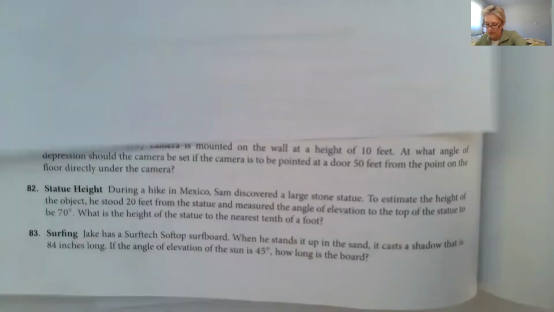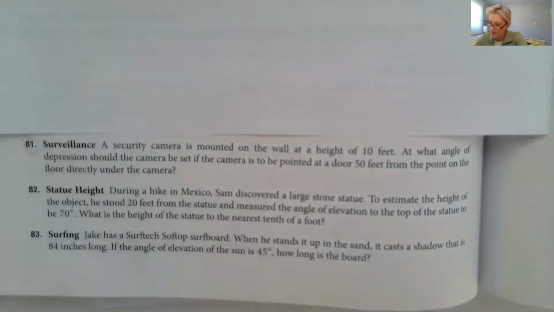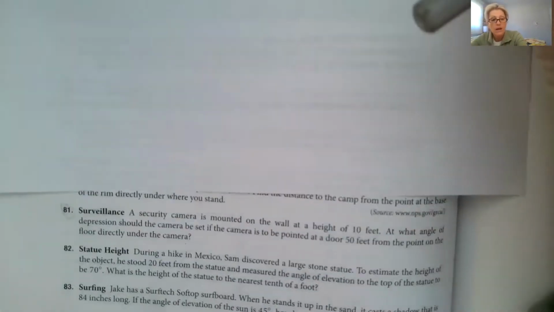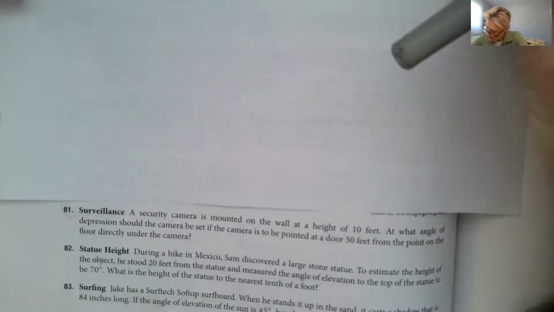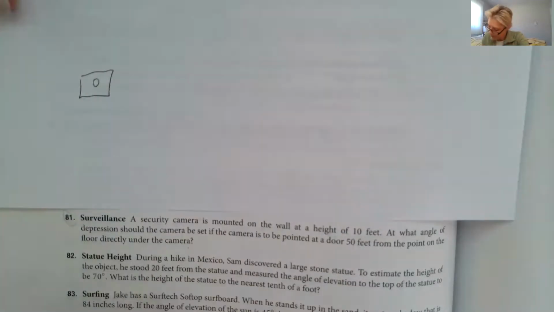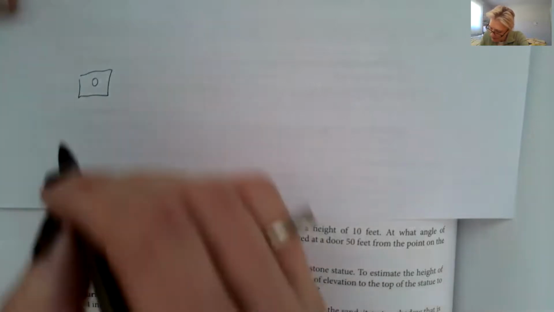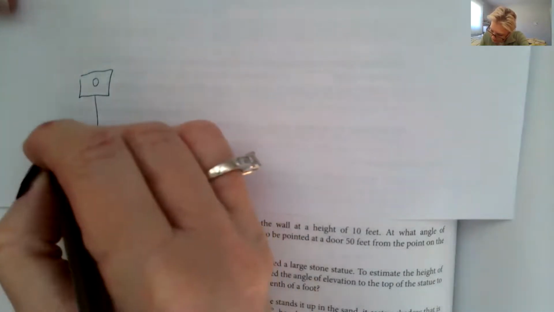Let's try to draw a picture. Okay. So we're going to draw the camera. There's the camera. It's on the wall at a height of 10 feet. So this is 10 feet.